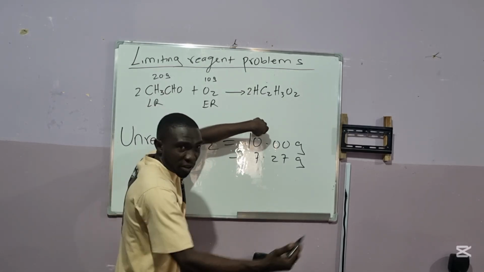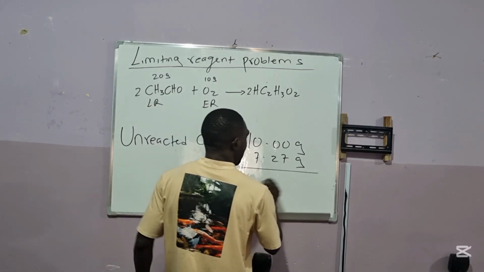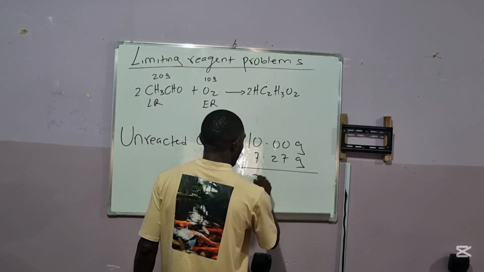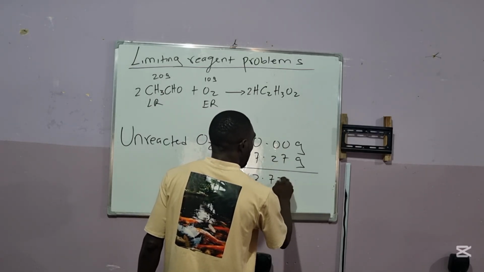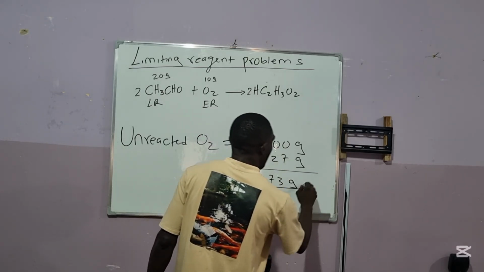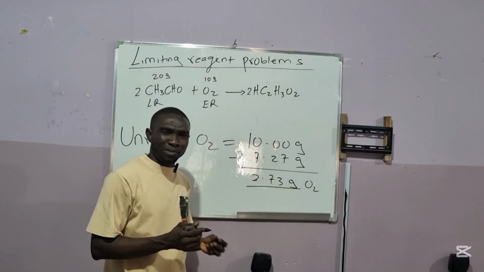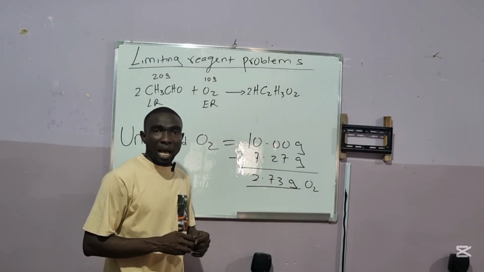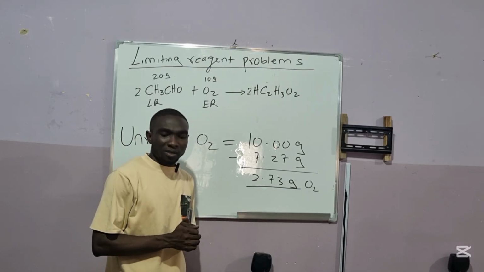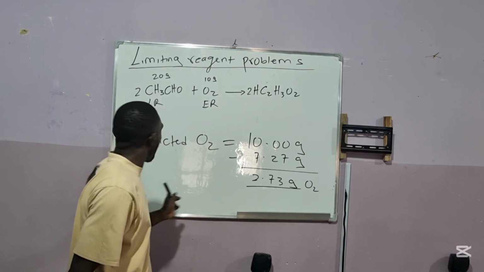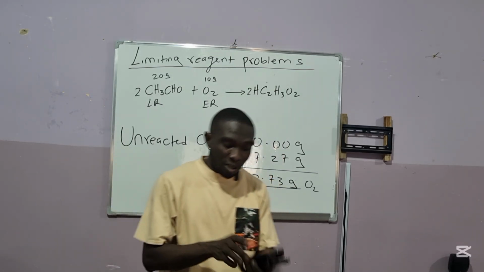So what amount did not react? The answer here is 2.73 grams of oxygen remained unreacted. That's beautiful. Are we together? All right, so we're done with the F part of the question.